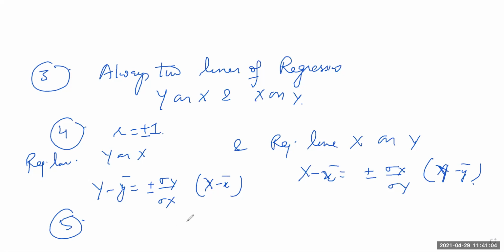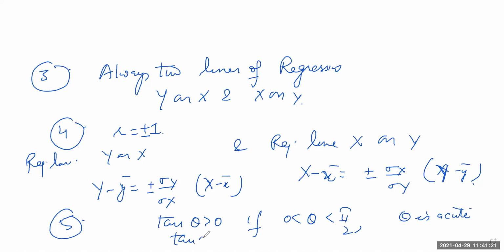So in this case, when tangent theta is greater than 0, that is if 0 less than theta less than pi by 2, then theta is acute, right? And if tangent theta is less than 0, that is if pi by 2 is less than theta less than pi, then theta is obtuse, right?